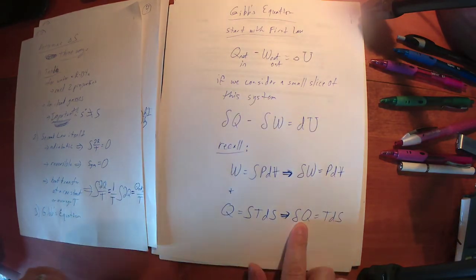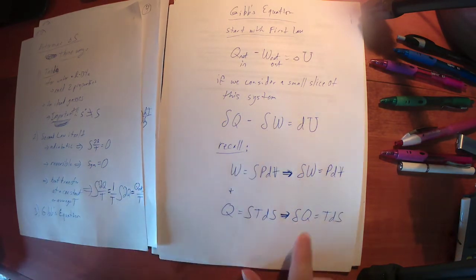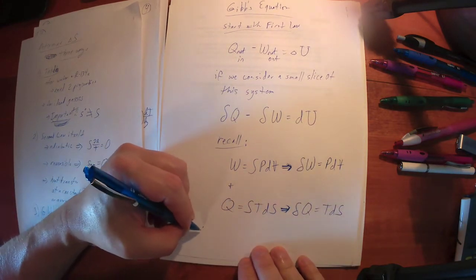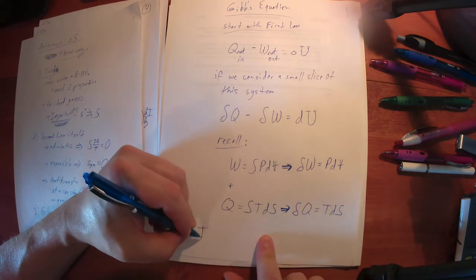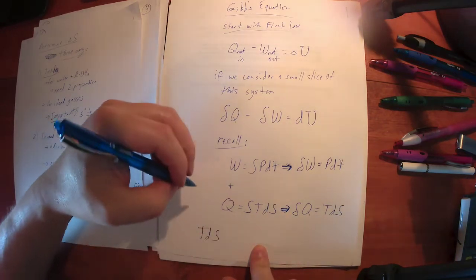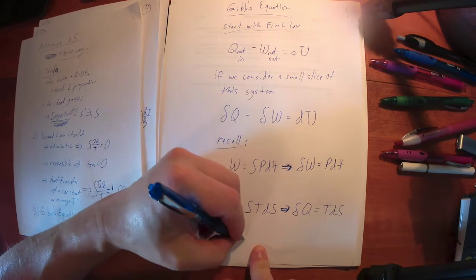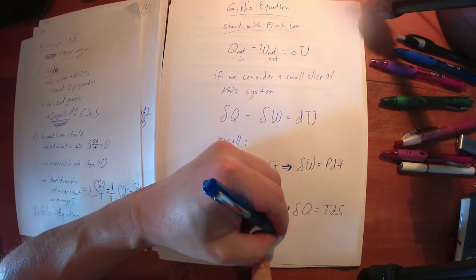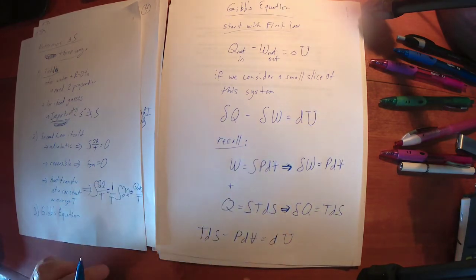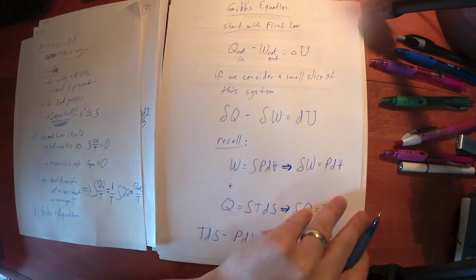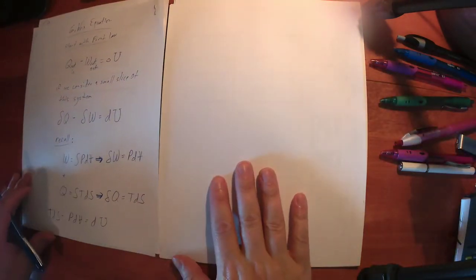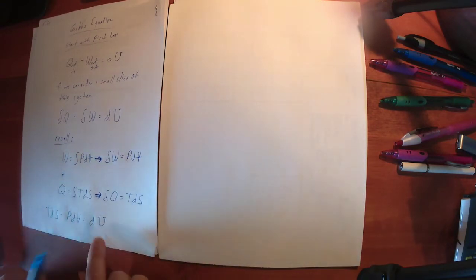So if I plug this in here, and if I plug this in there, this is what I get: T dS minus P dV is equal to dU, and all the inexacts go away. These are all regular, ordinary differentials. So T dS minus P dV is equal to dU.